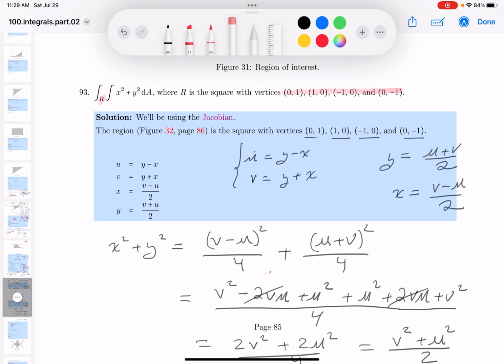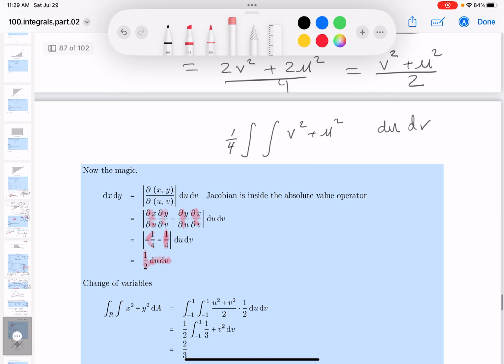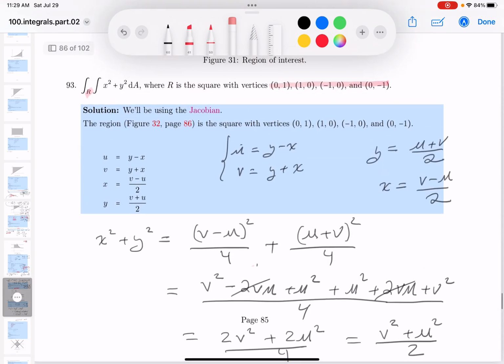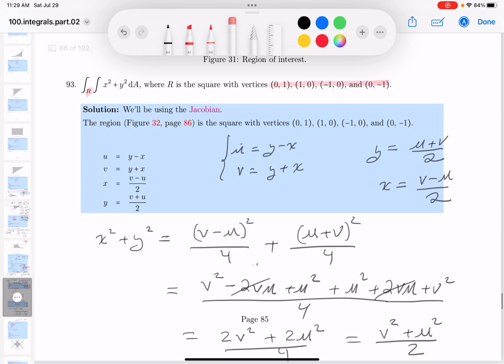And I'm looking at those points. So y minus x, let me just for a moment think about what I'm going to say over here. u plus v over 2. I got to think for a moment. And the x's are going between -1 and 1, and the y's are also going between -1 and 1.